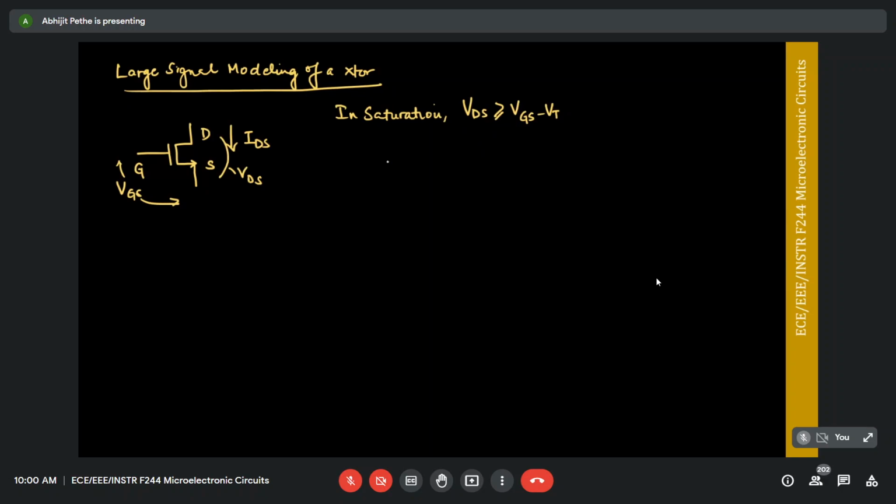So at that point, in the ideal MOSFET, we said IDS is given by half mu n Cox W by L into VGS minus VT the whole square, right? So in saturation, IDS is independent of VDS, and therefore we said in saturation this looks like a current source.